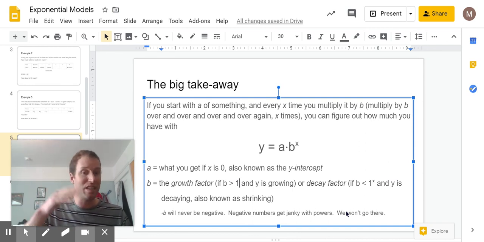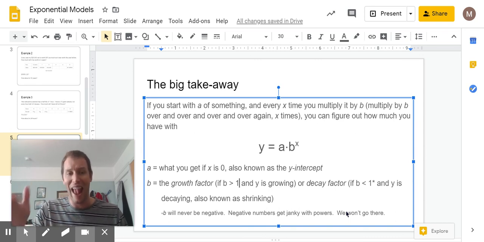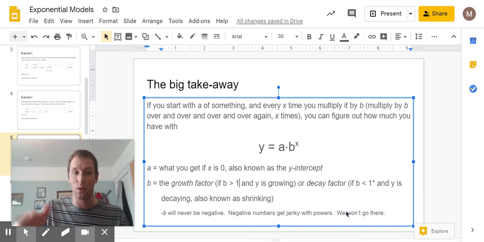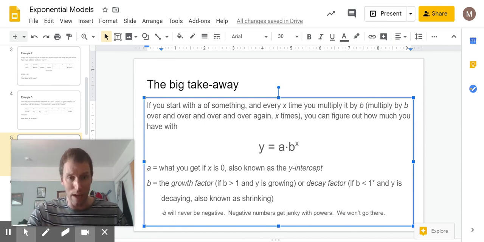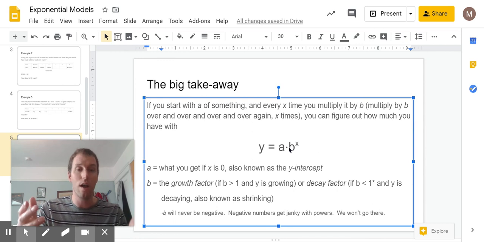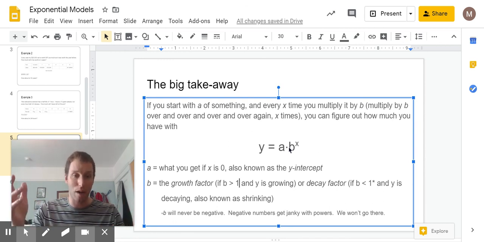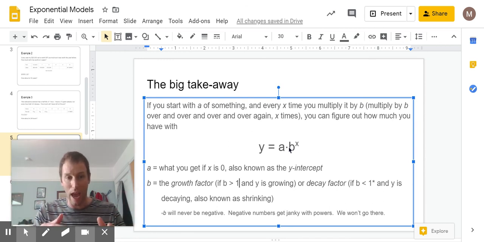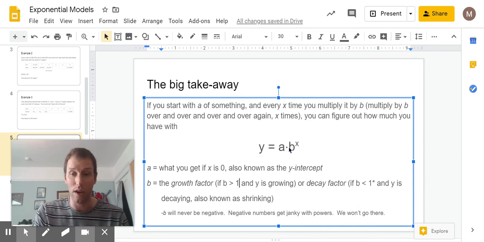But if B is between 0 and 1, if it's a number like 1/2 or 0.9 or 0.2, then every time we multiply the A times the B, the result gets smaller. Multiplying by fractions makes things smaller. If that's what's happening, then we refer to B as the decay factor. So B has a different name, growth factor or decay factor, based on whether this equation is getting bigger, growth, or smaller, decay. But it's the same number in the equation regardless.